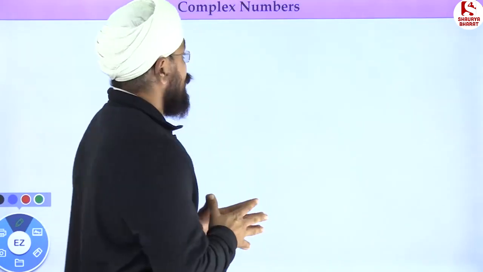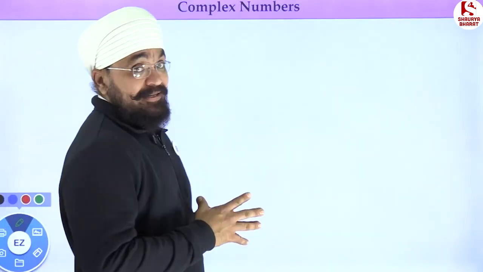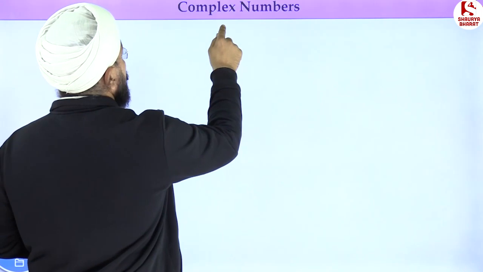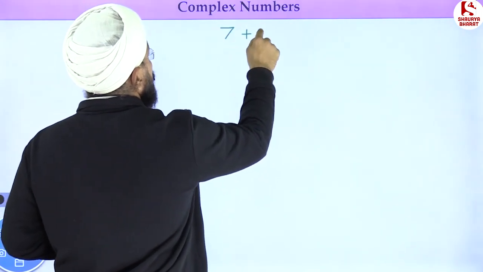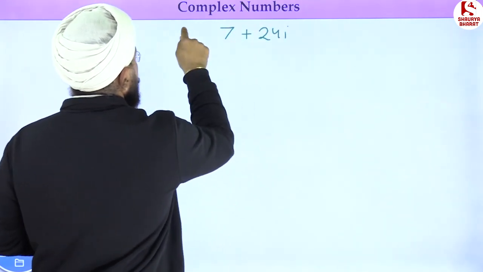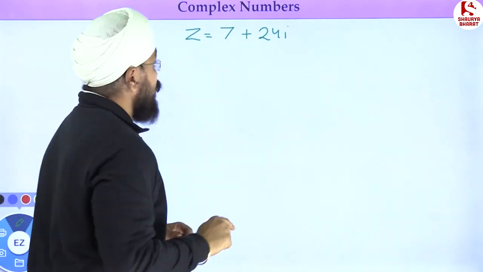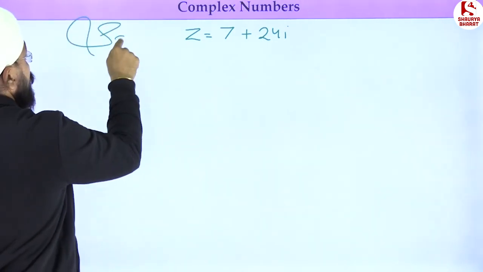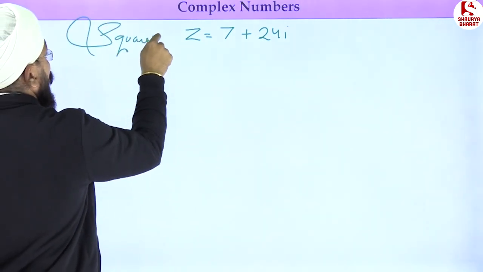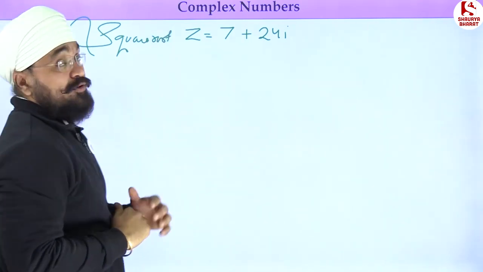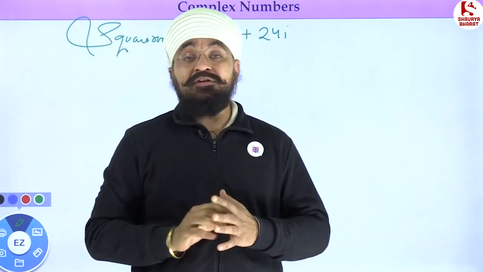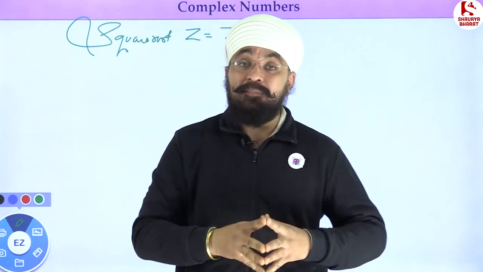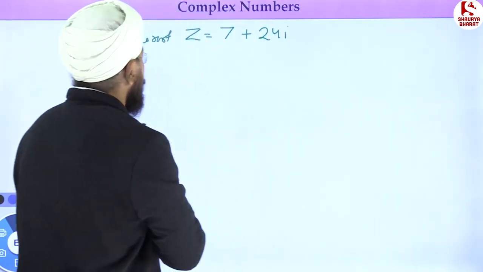Now let's take a question where I want to find the square root. Say for example, the question is 7 plus 24 iota. This is a complex number given to us, and we want to find its square root. I will go with the basic method first, and then we will apply the shortcut method that we have just studied.